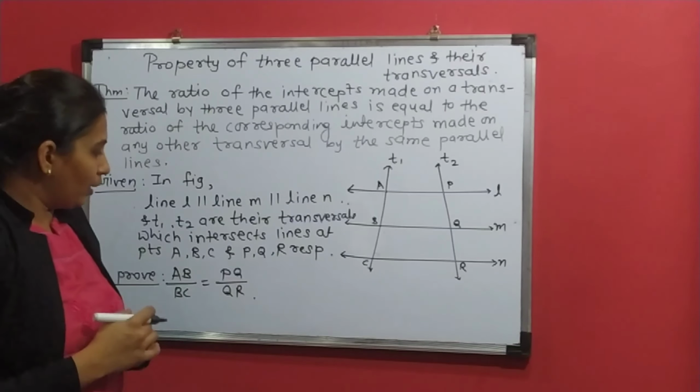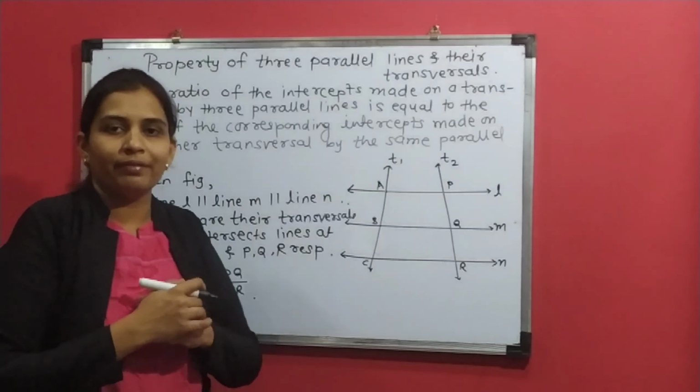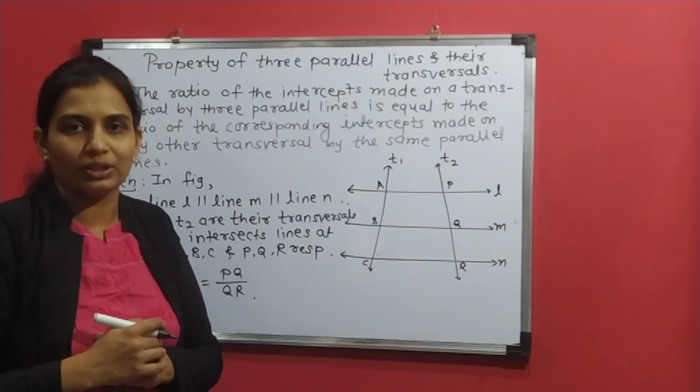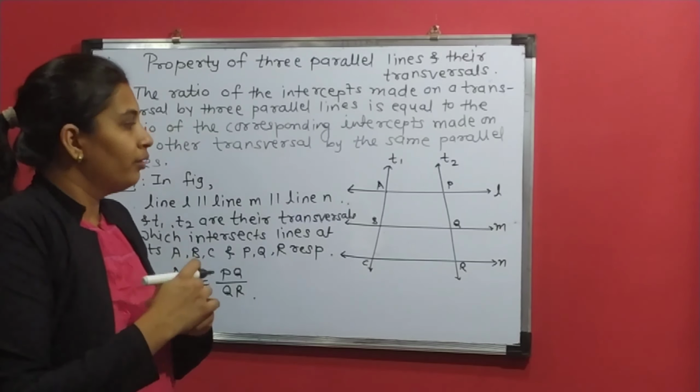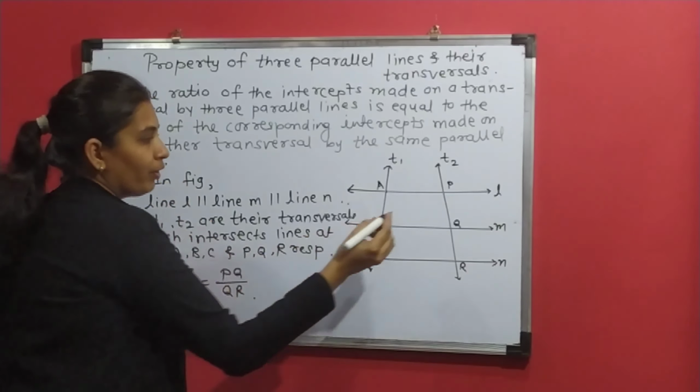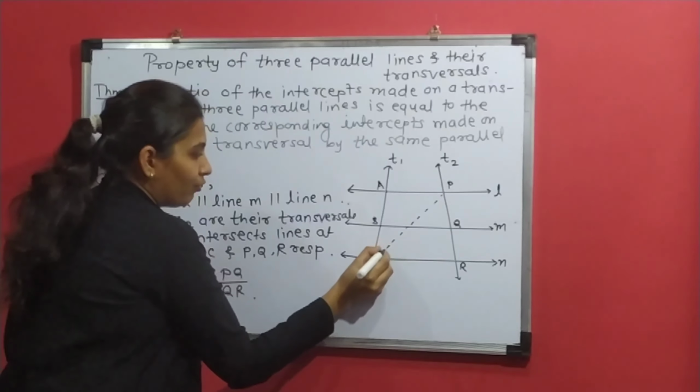Now students, again our previous knowledge is the angle bisector theorem and the basic proportionality theorem. So here we will use the basic proportionality theorem. We must need a triangle first.